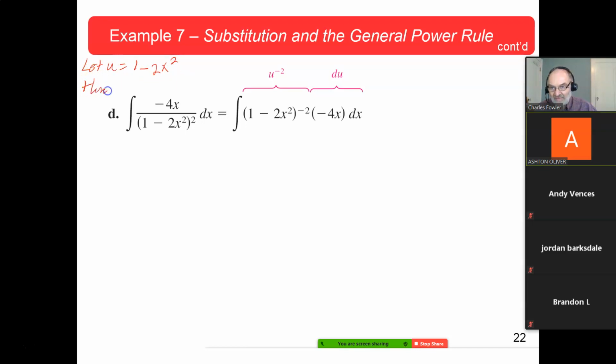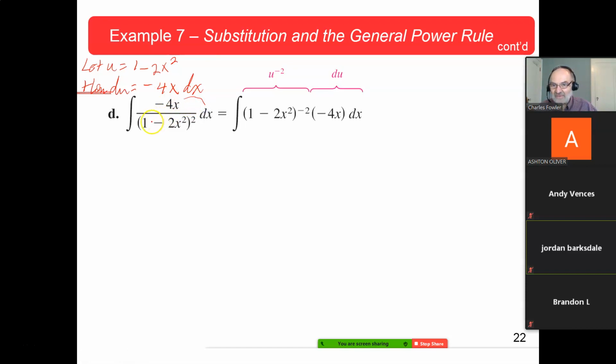Follow that by then du. The pen is doing weird things. If this is u, what's du? Anybody? Negative 4x dx. Always have a d with a d, right? And that's exactly what we've got here, negative 4x dx.